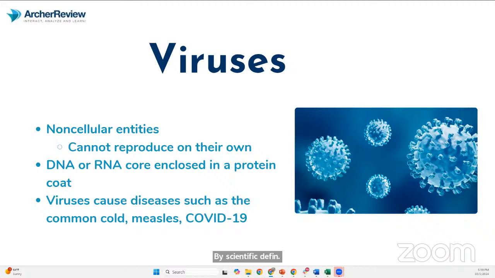That's why they give them this phrase, non-cellular entities, because they cannot reproduce on their own. And reproduction is an essential component of life. Because they cannot reproduce on their own, they don't really fulfill all of the characteristics of life.